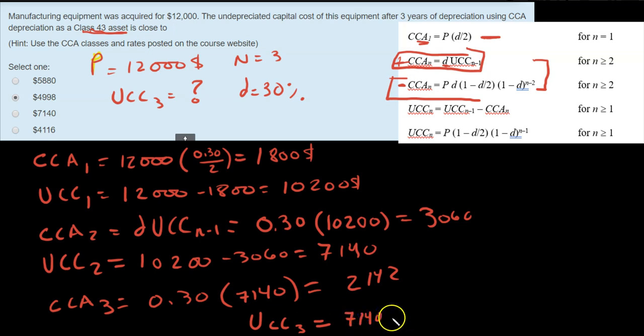So last year's balance minus the allowance of this present year. It gives us a value of 4998. And as you can see, it is an option over here. Correct answer.